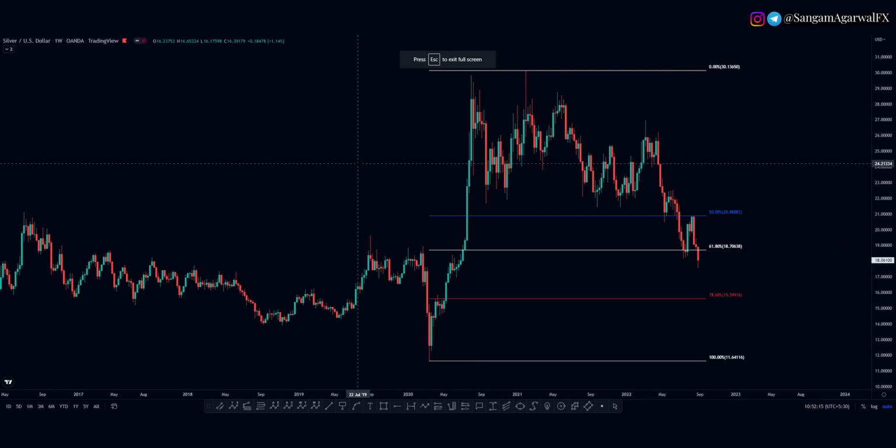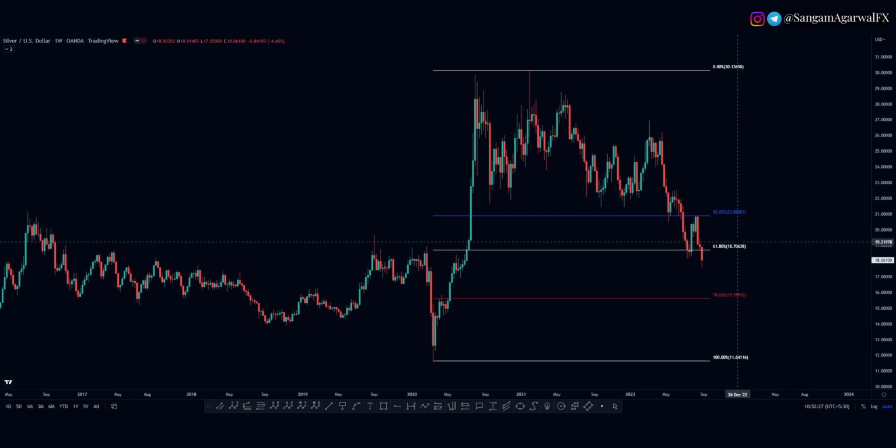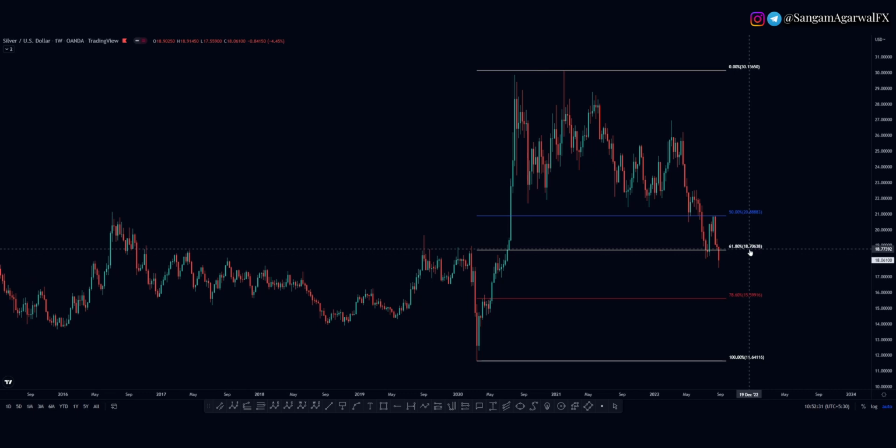And this is the weekly time frame, and if we draw a few retracements from the coronavirus bottom of $11 to this top of $30, then price has made a 61% retracement, and right now it is trading near this horizontal support level.